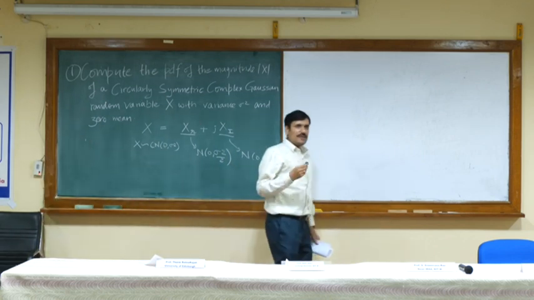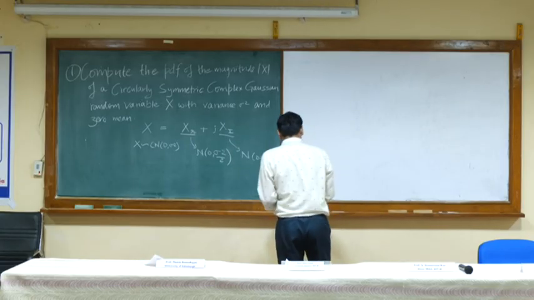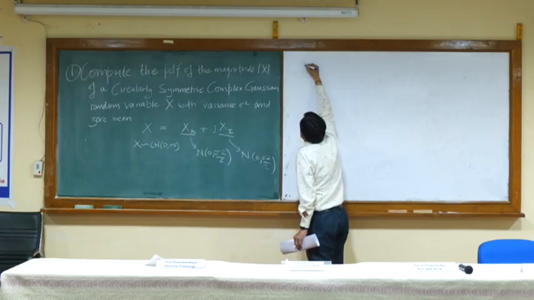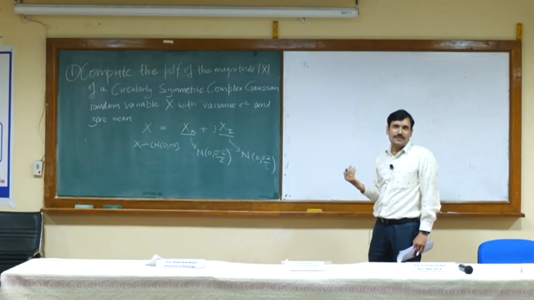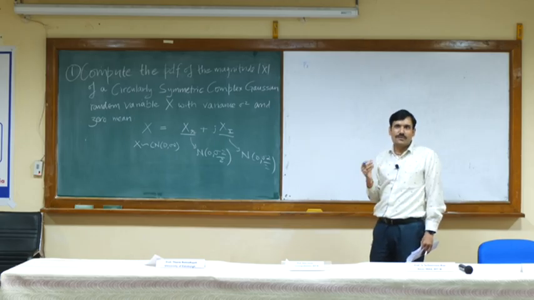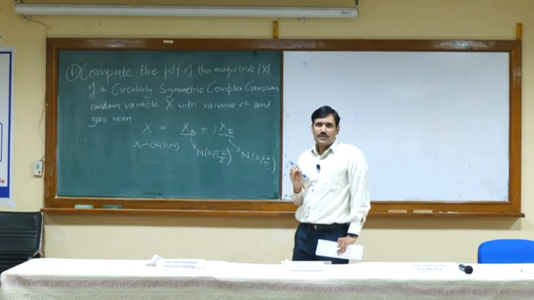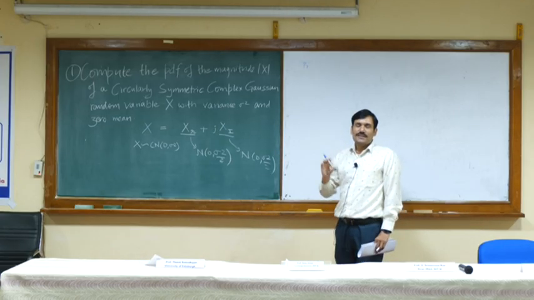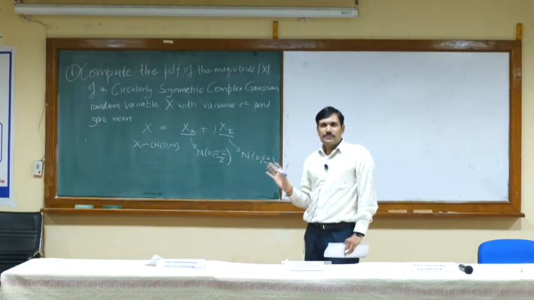You know the transformation of random variable, right? Even if you don't know, we can compute the PDF from the CDF. Everybody knows the relation between PDF and CDF, right? CDF is the cumulative distribution function. If we take the differentiation of the CDF, we will get the PDF.